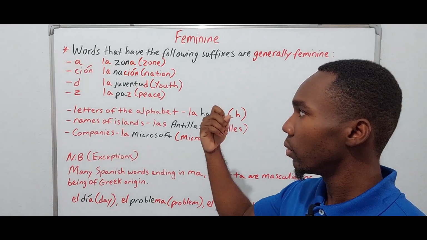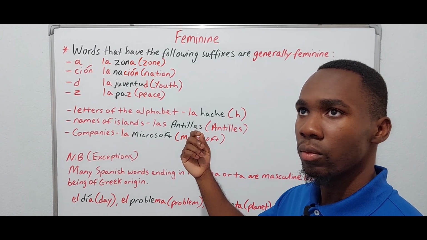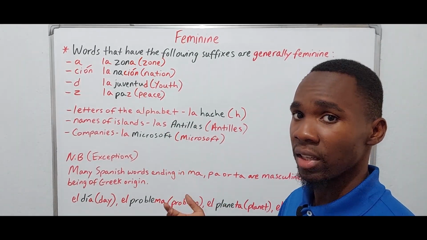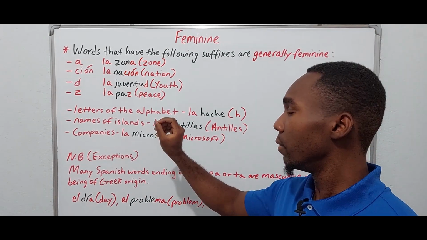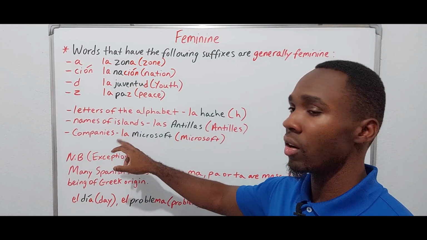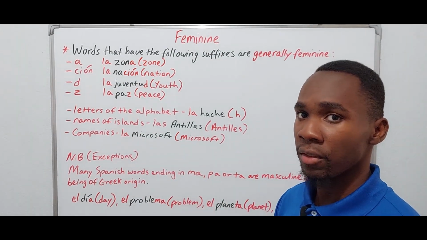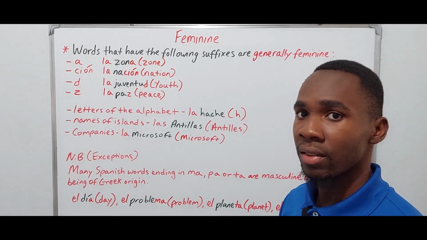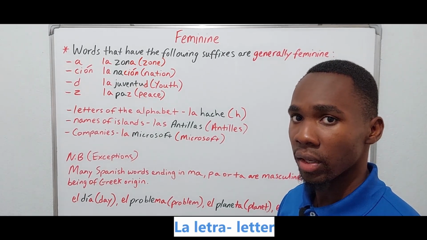Now, there are other words or other elements that are feminine in Spanish, right? And just like the masculine, these are feminine because the word itself is feminine. So letters of the alphabet, the word for letter in Spanish is la letra, okay?